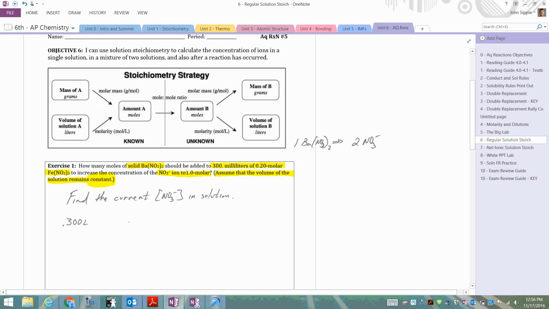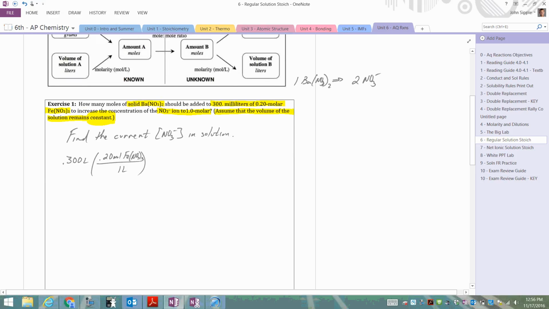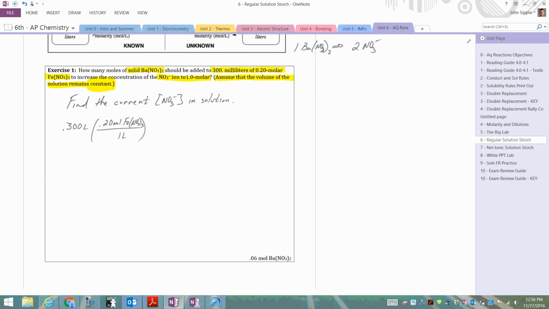We're going to start with 0.3 liters, and we're going to use our concentration to convert into moles. So 0.20 moles of iron nitrate in 1 liter. And what we're interested in is the concentration of nitrate.